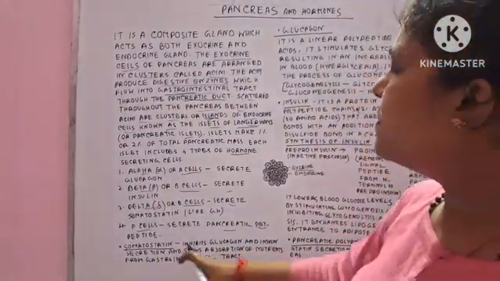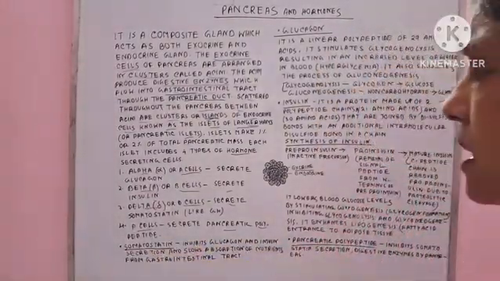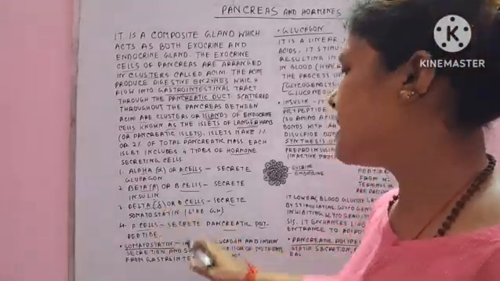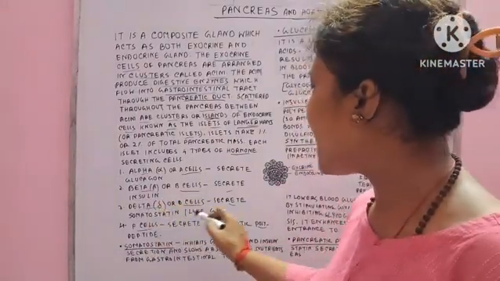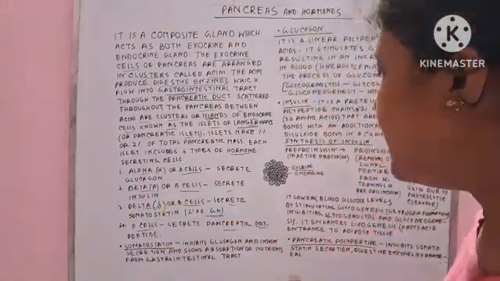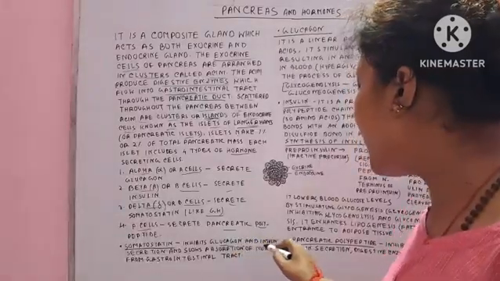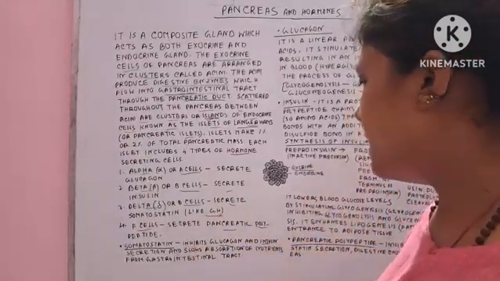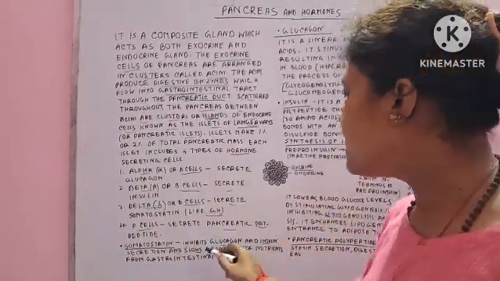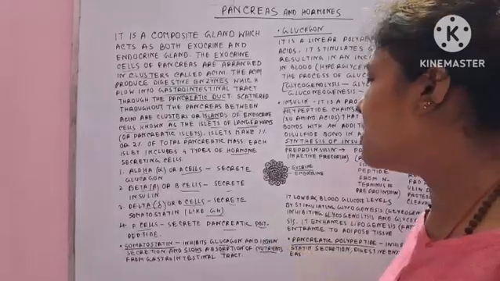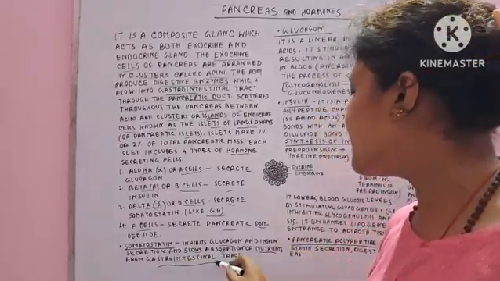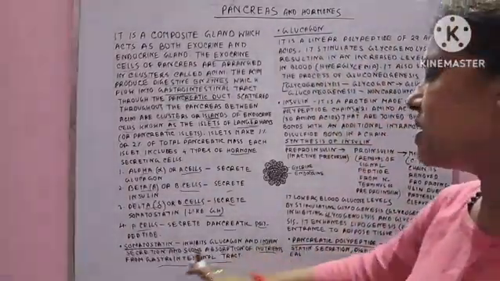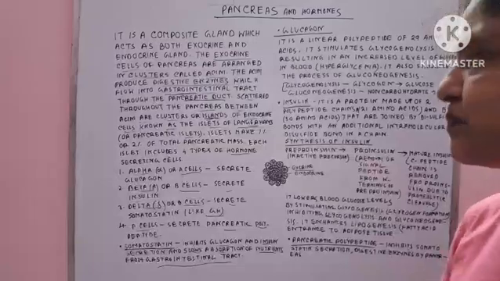It is secreted from the delta cells, and it is just like growth hormone, inhibiting the secretion of glucagon and insulin. Another role of somatostatin is that it slows the absorption of the nutrients from the gastrointestinal tract.